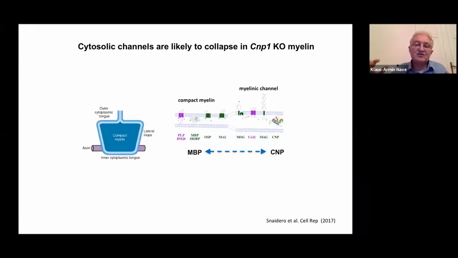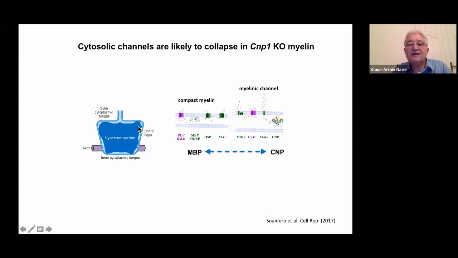Now, the entire architecture of the cytosolic channel is obviously dependent on the proteins that make it up. And I'd like to point out the CNP protein, which is an antagonist in the cytosolic channels to the myelin basic protein, which helps compacting things. If you don't have it, you see that the compaction becomes extensive, and then you're losing the integrity of these channels.